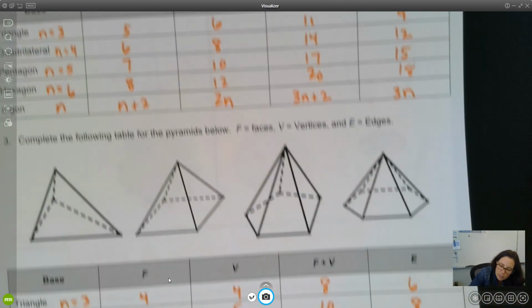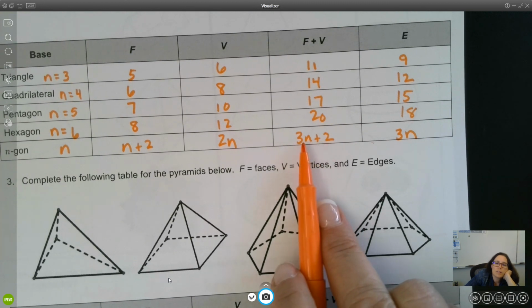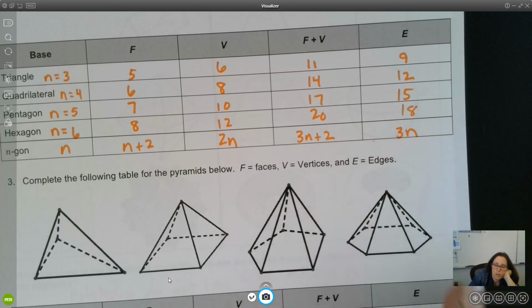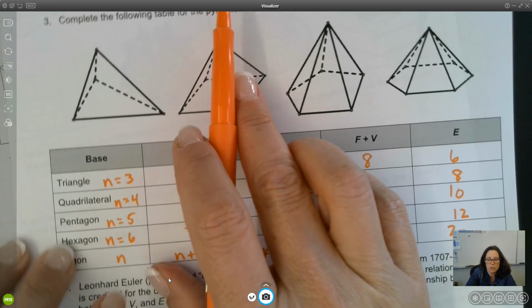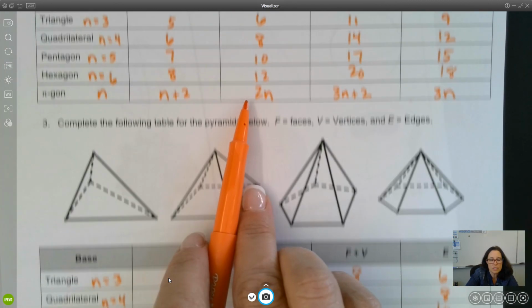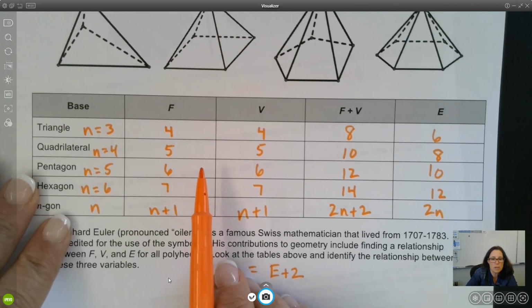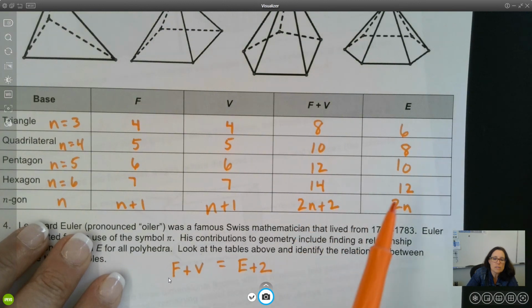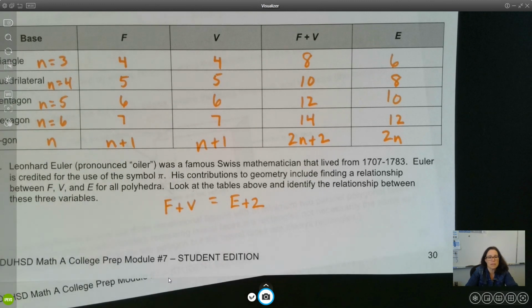Let's see if that makes sense up here. This equals this plus 2. Okay, so that's the relationship. Everywhere else is different. This is different than this between prisms and pyramids. But the relationship between these and these can be noted. Okay, so that's your relationship. Thanks, guys.